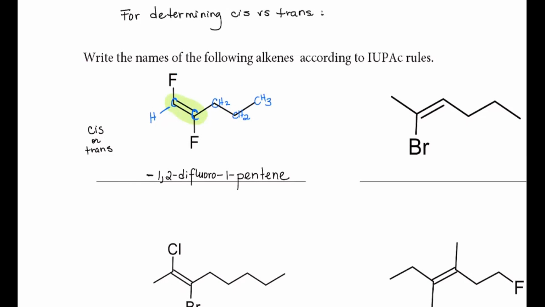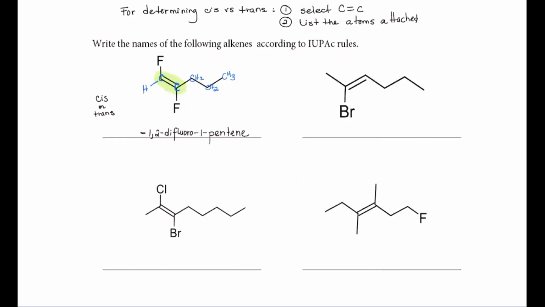What we need to do is, number one, select the carbon-carbon double bond. Number two, list the atoms attached to the carbons at the carbon-carbon double bond.